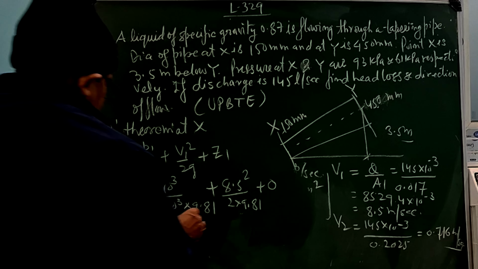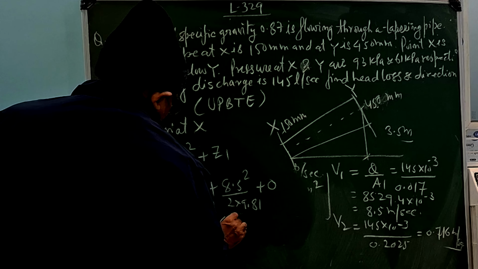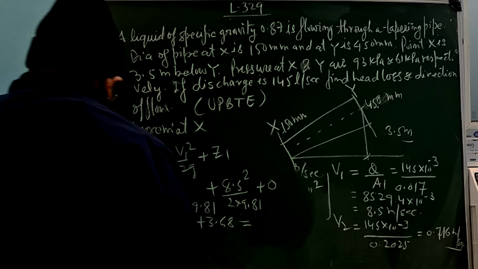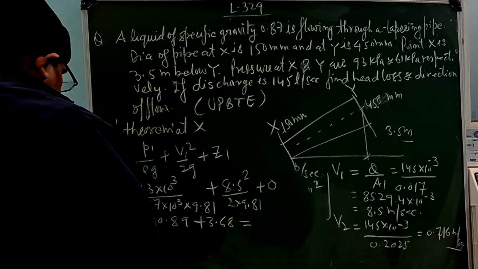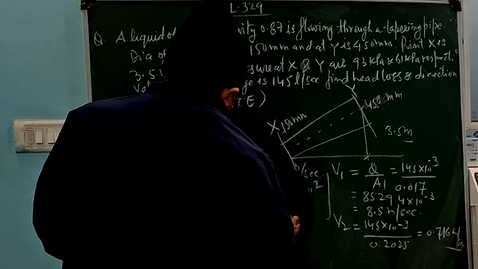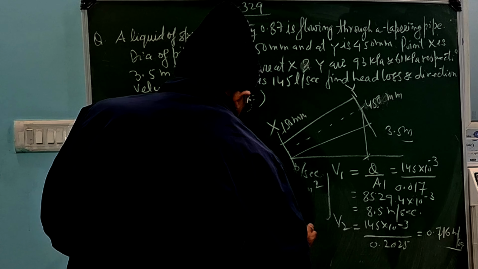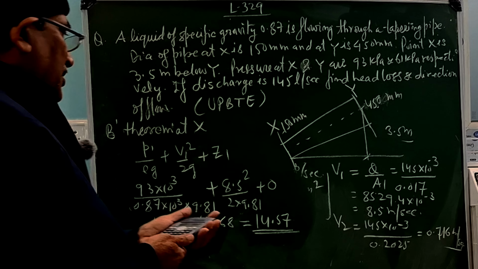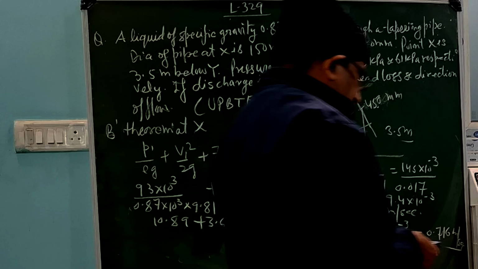This is 3.68. So this is your 3.68 plus 10.89. This is 14.57. This is your H1 at x.